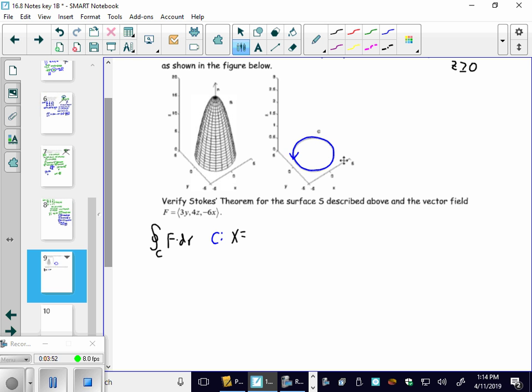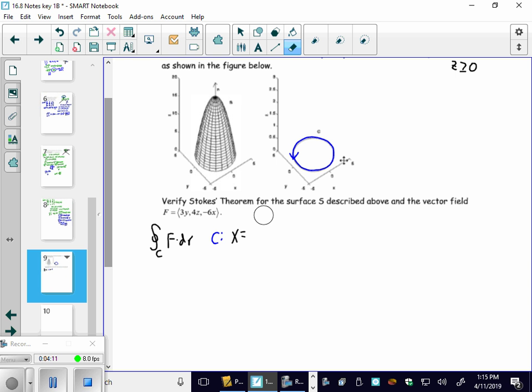And it does need to go counterclockwise. And if we look at this thing from above, coming straight down, we can just use our standard polar or cylindrical coordinates. So x would be cosine theta. Now remember, this is parameterizing the curve, so it's just the outside piece.